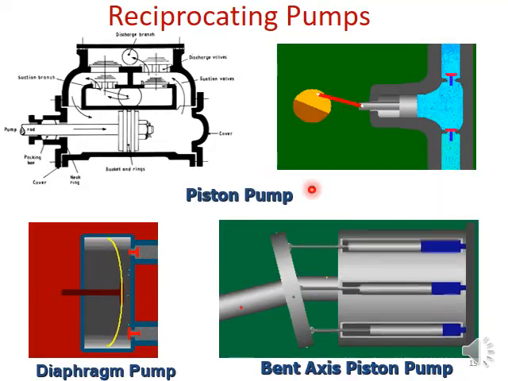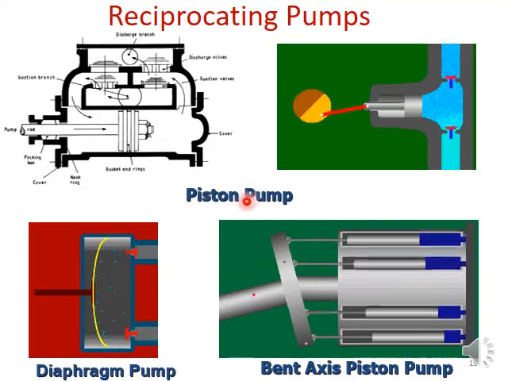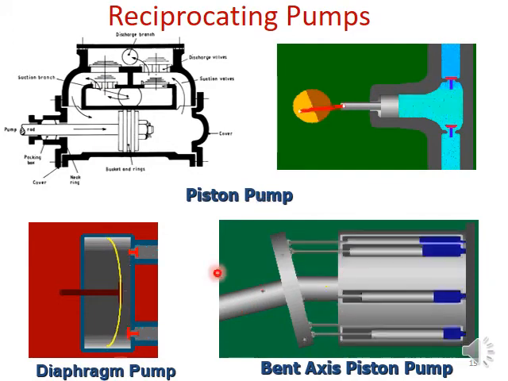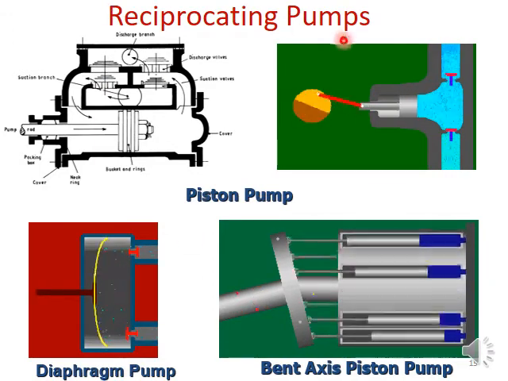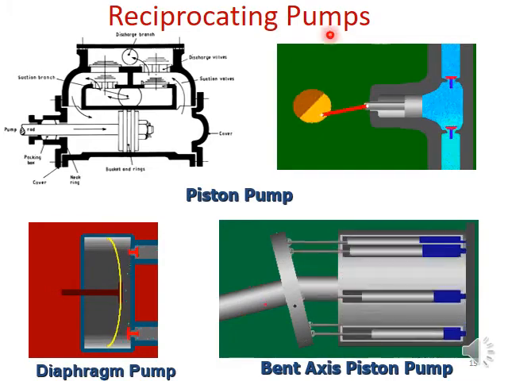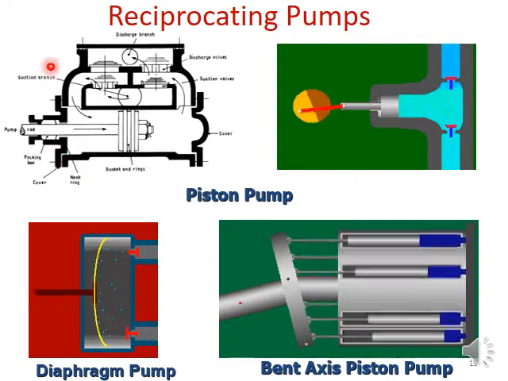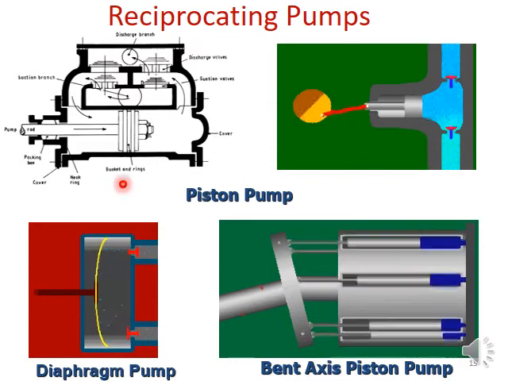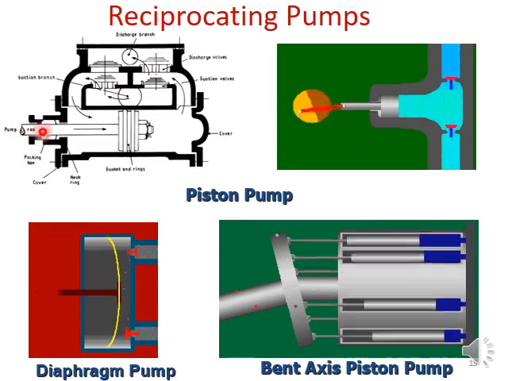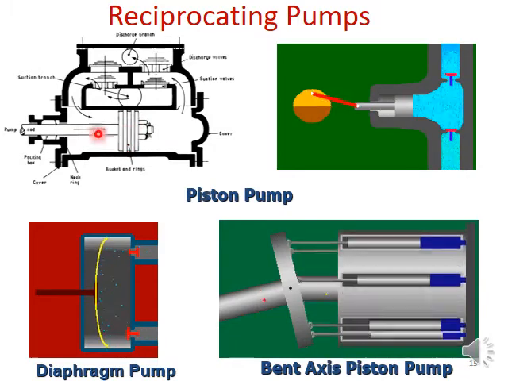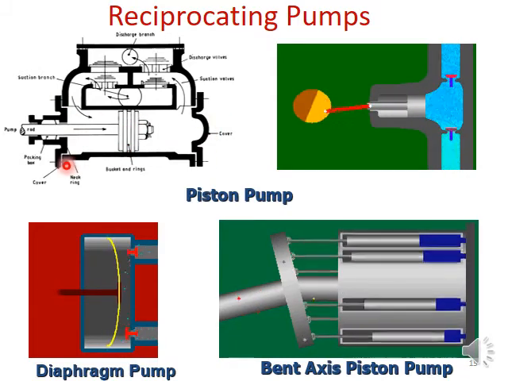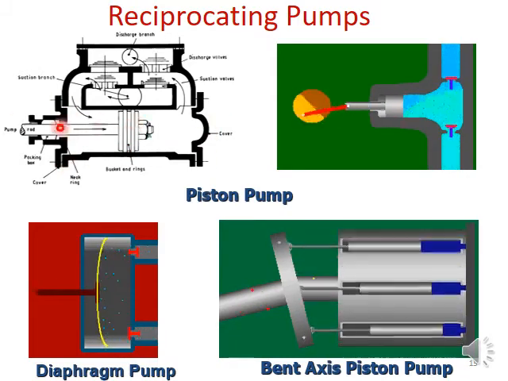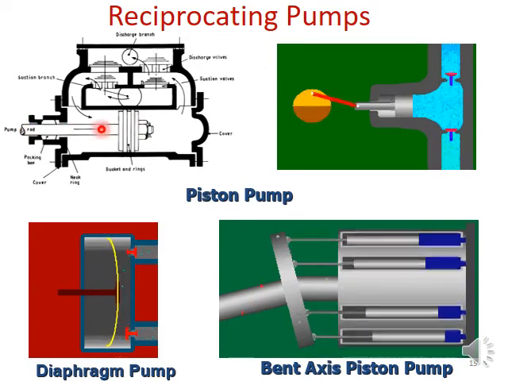Now, these are piston pumps and diaphragm pumps, reciprocating type positive displacement pumps. Here you can see what we call a double acting reciprocating pump. You can see a cylinder here and a piston rod is here.